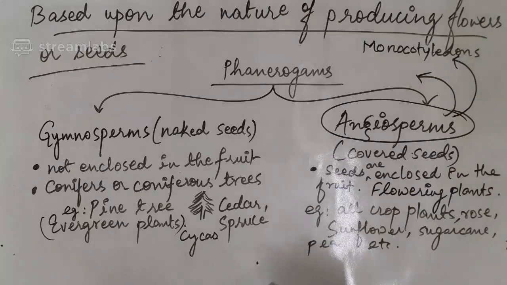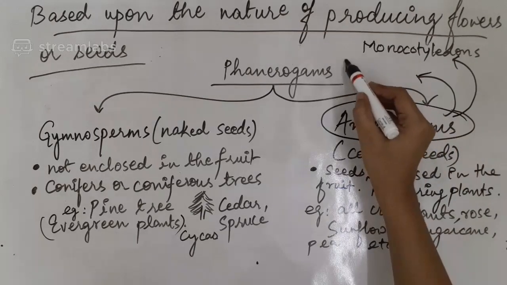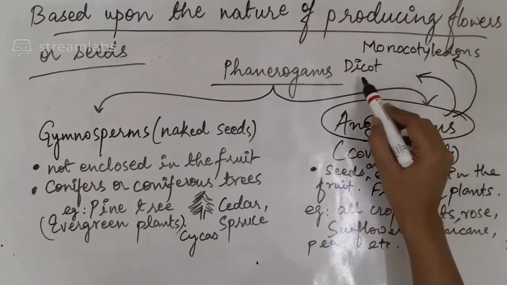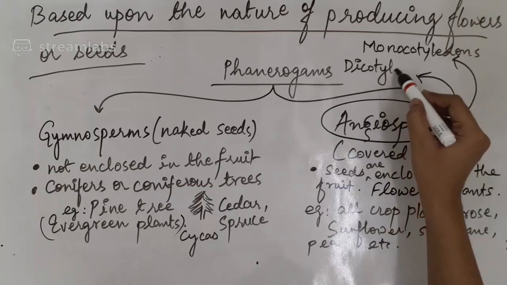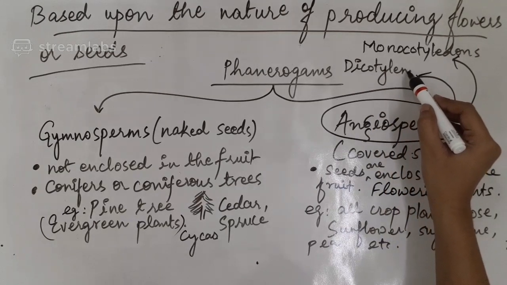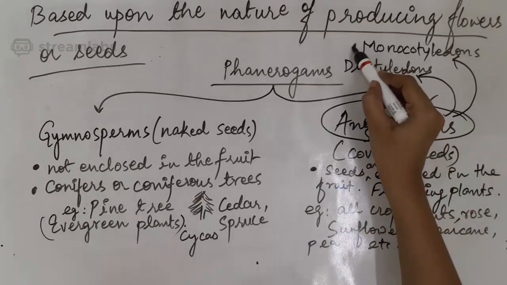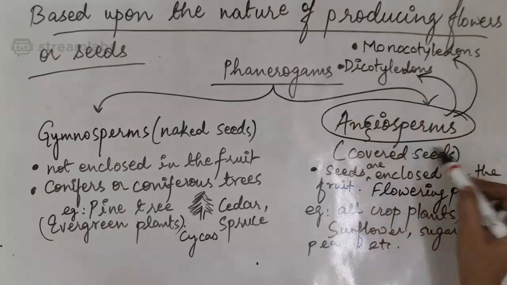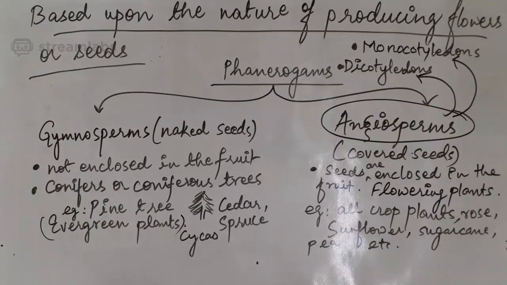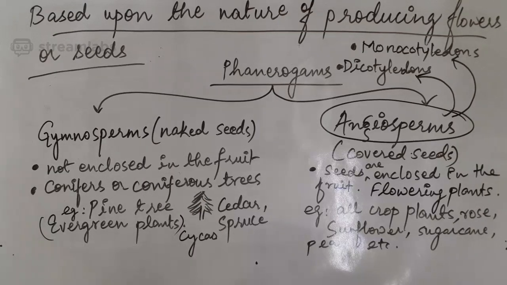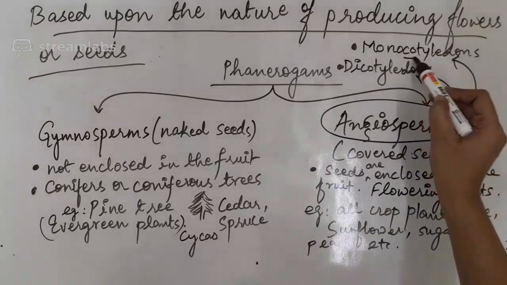And those who are having two cotyledons are called dicots or dicotyledons. Okay, monocotyledons and dicotyledons are two types of angiosperms, मतलब ये दोनों इसके further division हैं। Cotyledons क्या होते हैं? Cotyledons are the seed leaves.